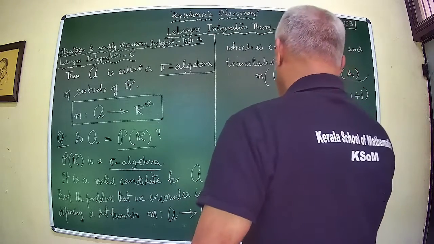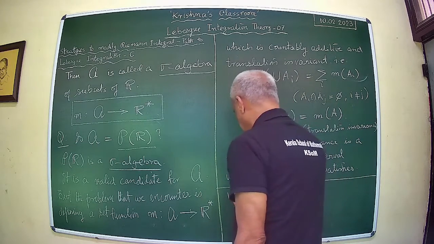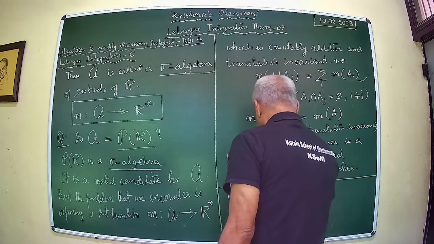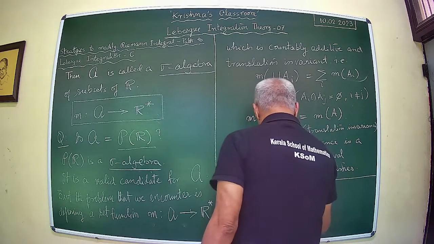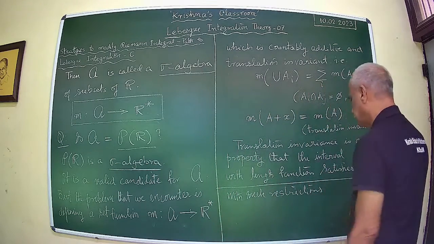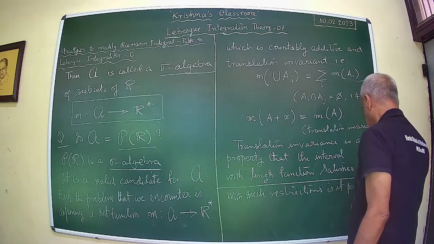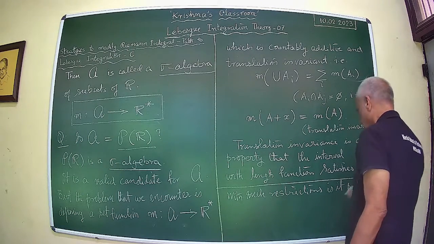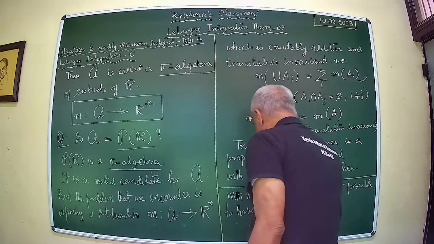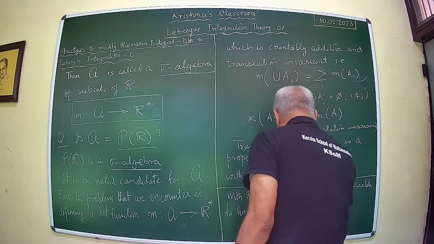With such restrictions, is it possible to have A equal to the set of all subsets of R?